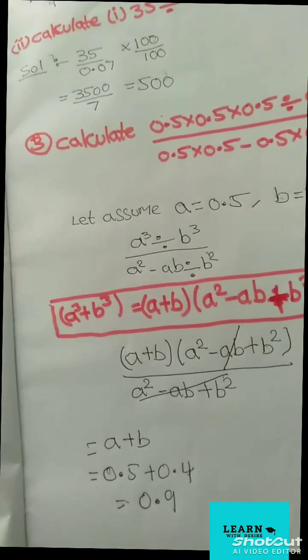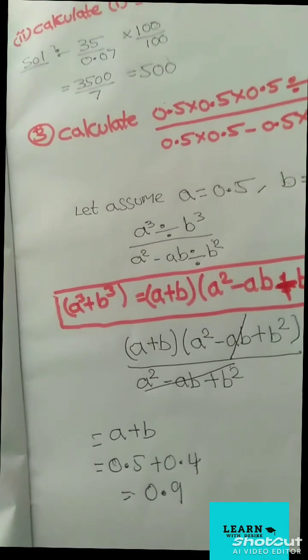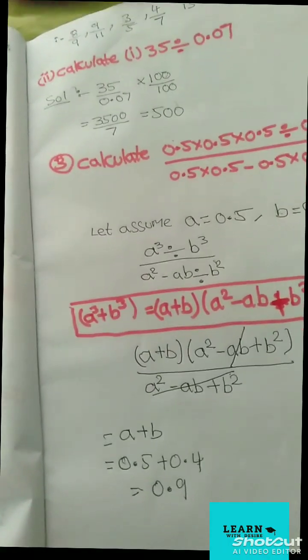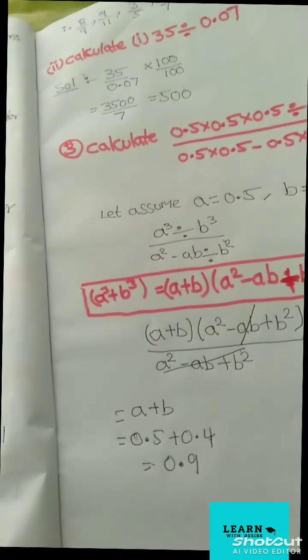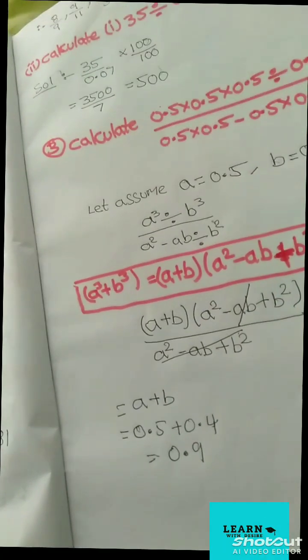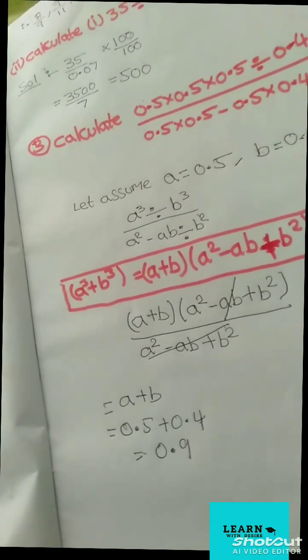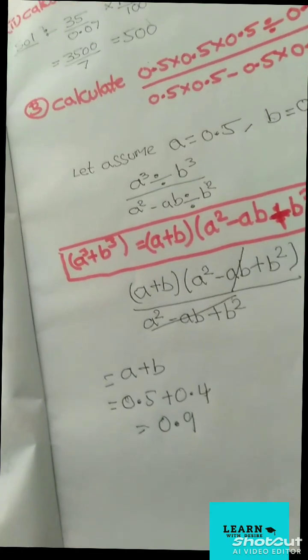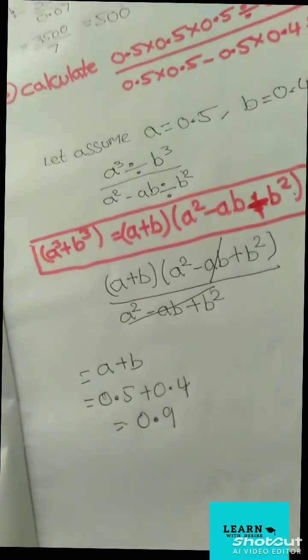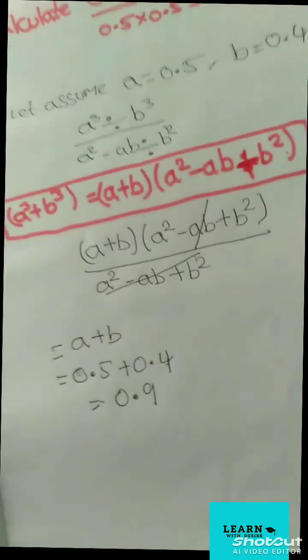Here, when you observe, the numerator is in the form of A cube plus B cube. The formula for A cube plus B cube is (A plus B) into (A square minus AB plus B square). If we apply the formula to the numerator, then it becomes like this.